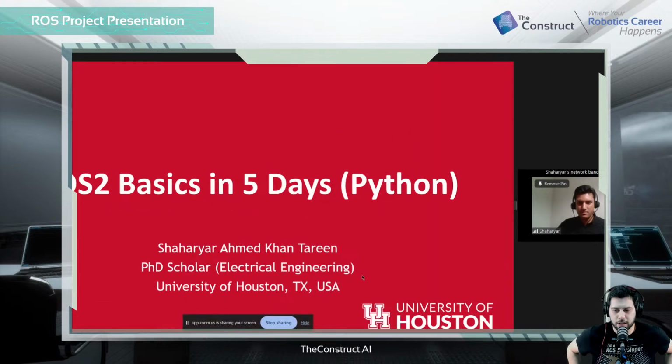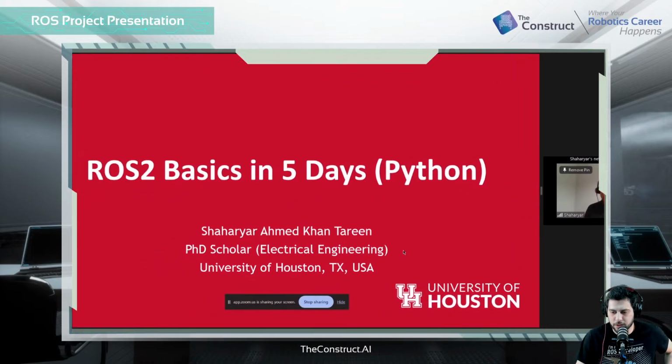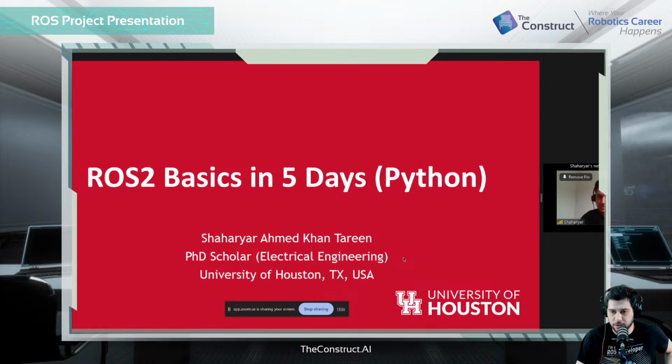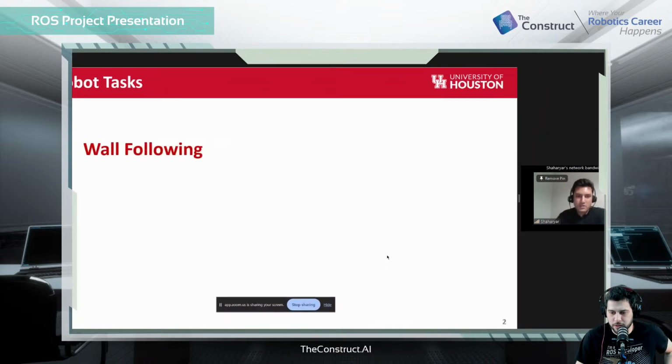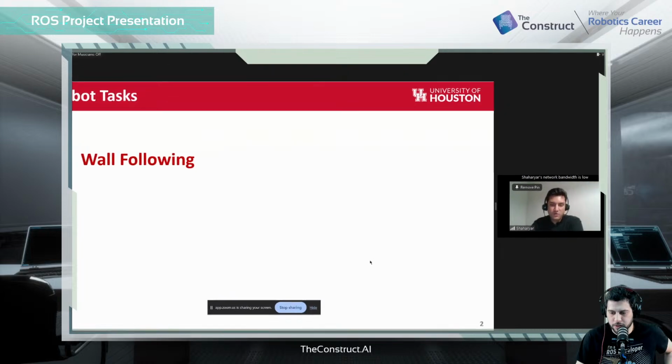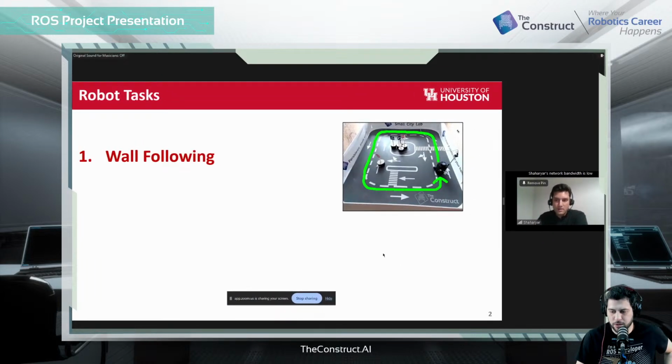So, ROS Basics in 5 days, Python. My name is Shaharyar Ahmed Khan Tareen, and I'm a PhD scholar in electrical engineering at the University of Houston, Texas, USA. The robotic tasks were wall following, in which the robot followed the right-sided wall while maintaining an approximately constant distance from it.